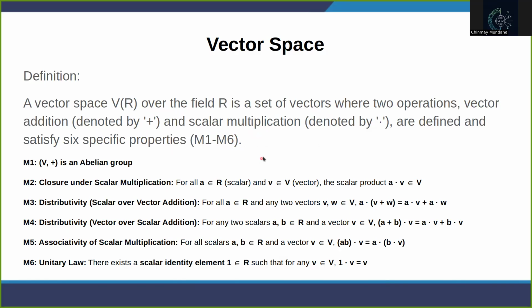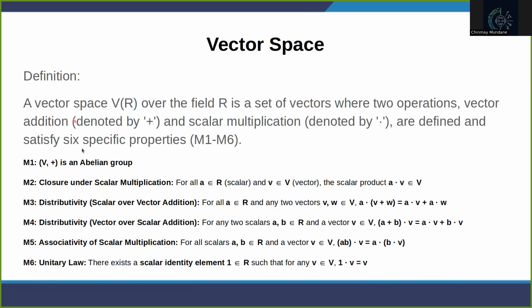So these are defined, and it defines the six properties which it must satisfy. So in summary, what you can think of vector space: vector space is just a set of vectors where you can perform the addition and the scalar multiplication operation, and which will satisfy these six properties. So let us go by these six properties.